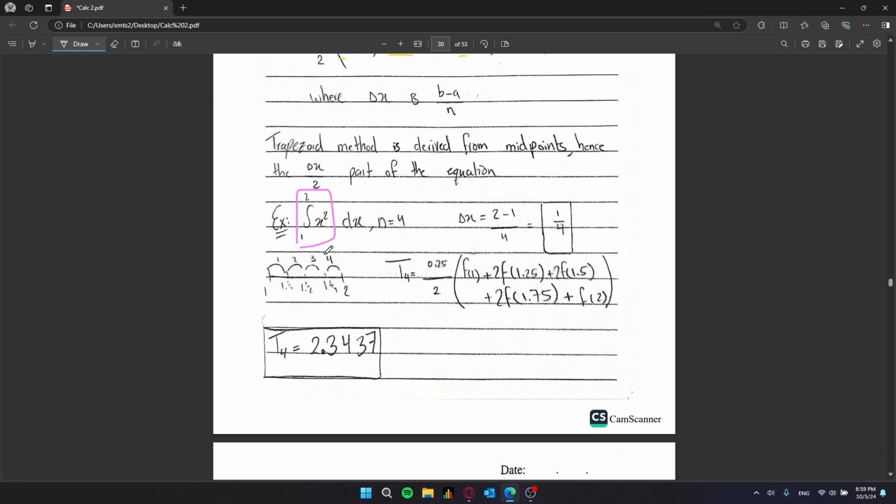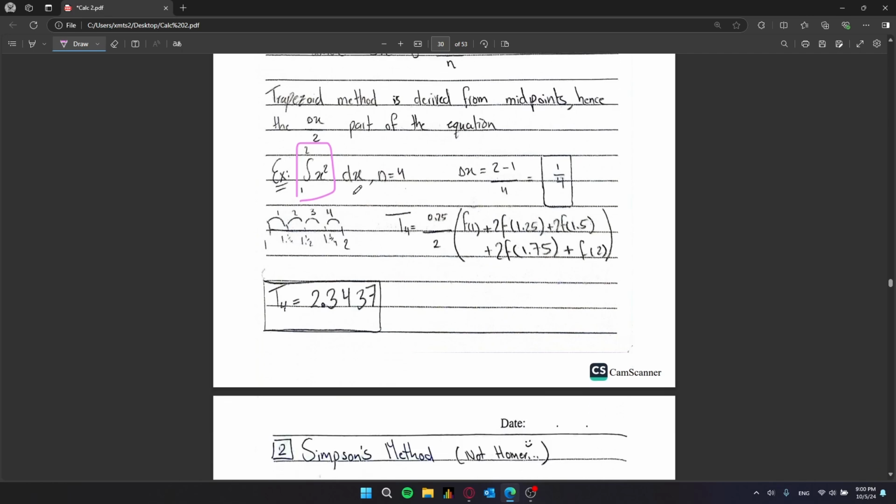If you plug this into your calculator, because this is something you can calculate very easily by other methods, the final answer is 7 over 3, which is equal to 2.3333 repeating. It repeats infinitely many 3's. This is why this method is an approximation.